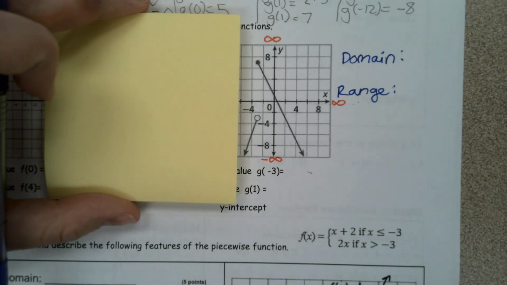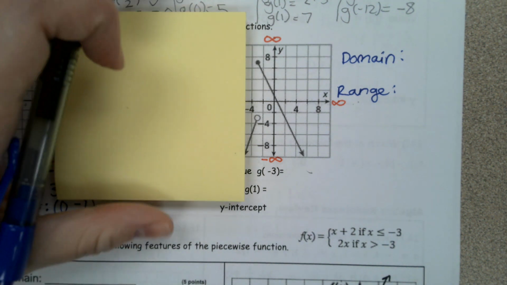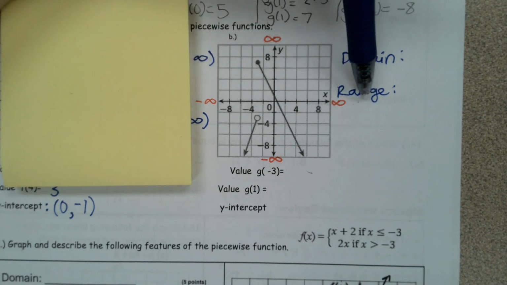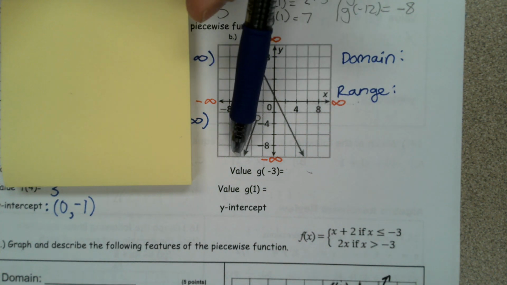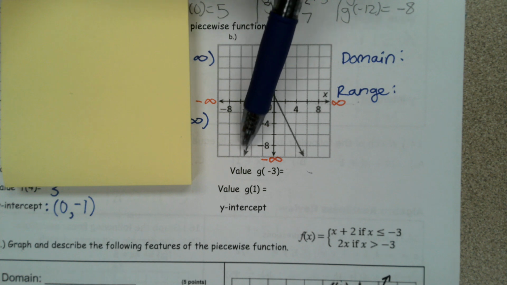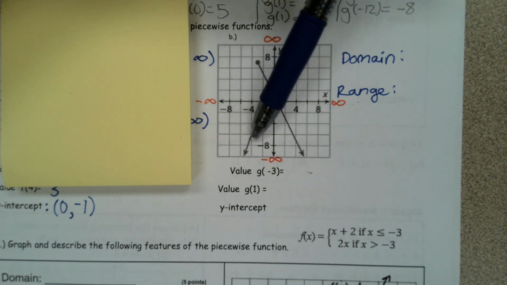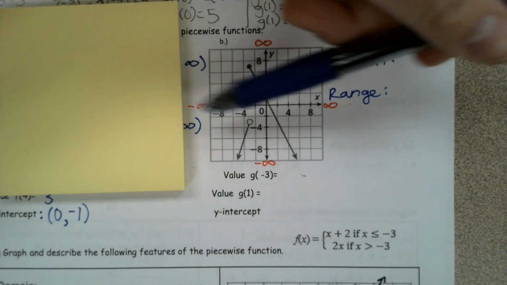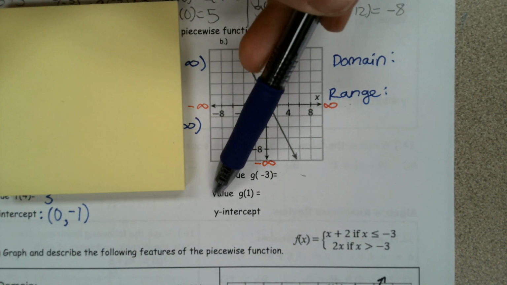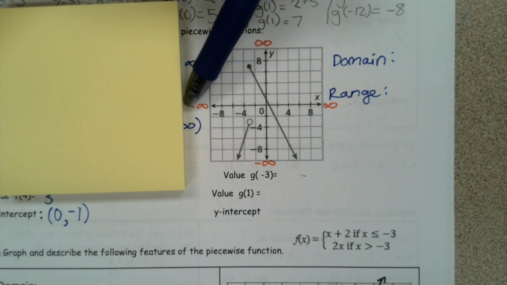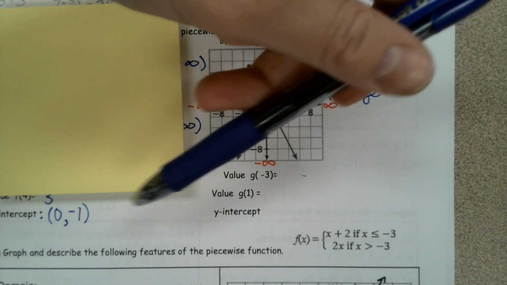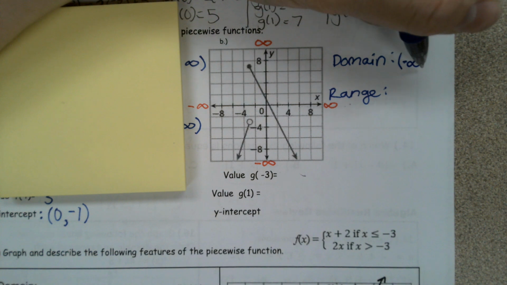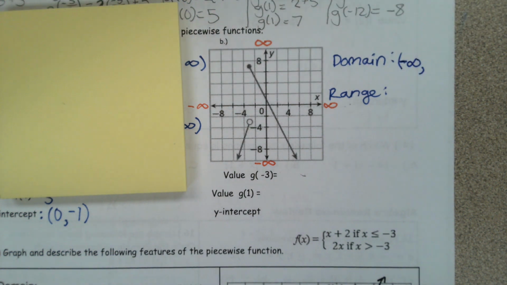We're going to get onto the graph and notice this arrow here. Now again, we're looking only left to right. So we're going to see, is this moving to the left or to the right? This arrow is moving towards the left side, meaning that the graph does go further to the left than we can see. So it is going to head towards negative infinity as it moves left. So negative infinity is how I start my domain.